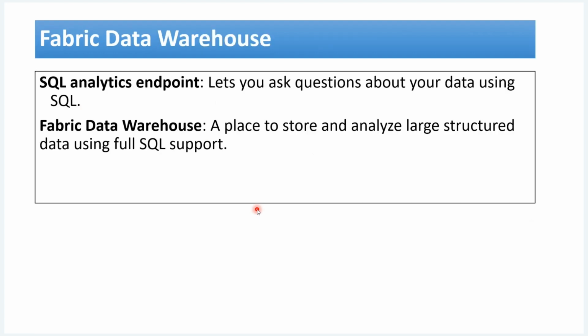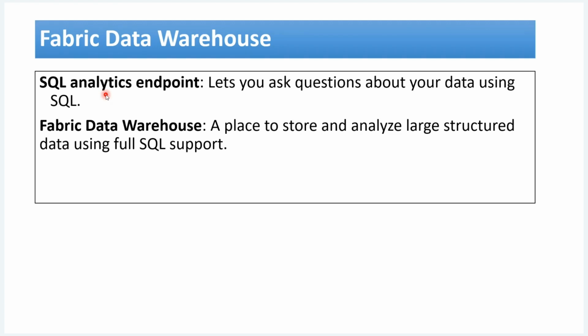Now the data warehouse. In the data warehouse area, we have the SQL endpoint and the data warehouse. The SQL endpoint allows you to analyze your data, to query your data. It is like your SQL database, guys. In a SQL database we can write queries, I mean DDL, DML and DQL commands, right?